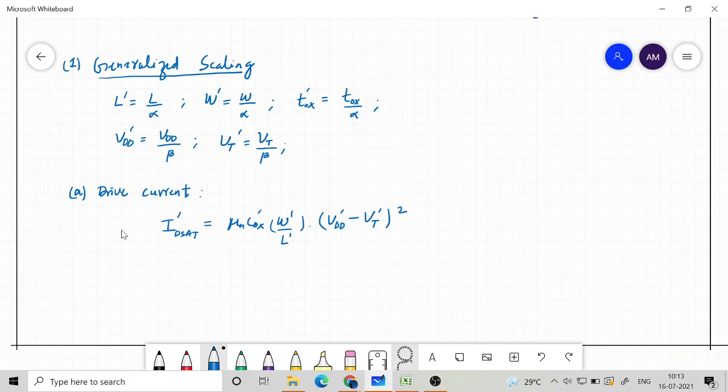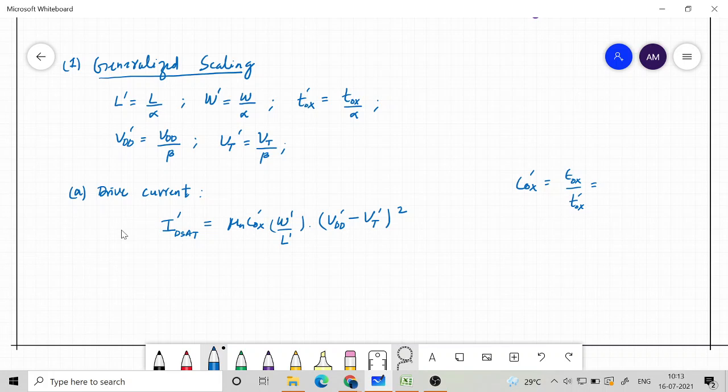Everything is now with dash. Now all you need to do is express mu n, the mobility, which is a material parameter. Whether you have a bigger transistor or a smaller transistor, that does not get affected. What about Cox? Cox dash is basically epsilon ox divided by Tox dash.